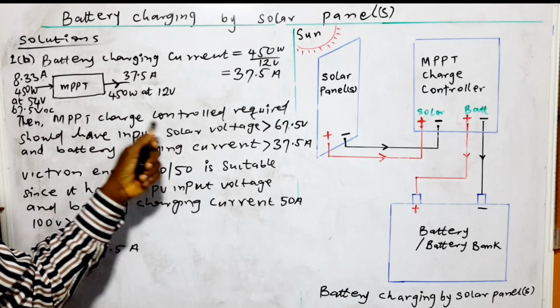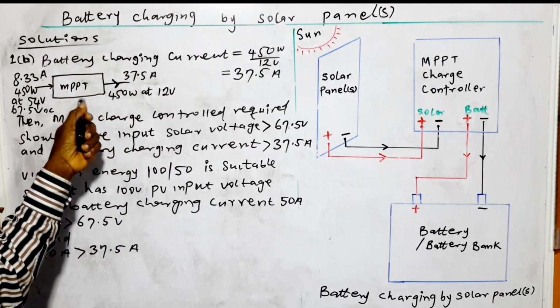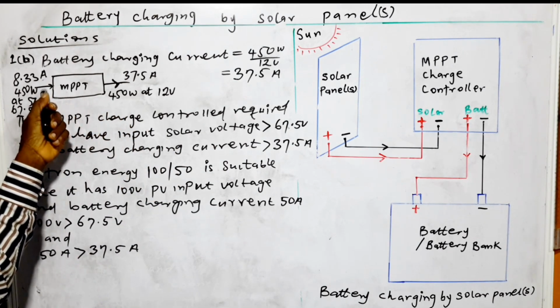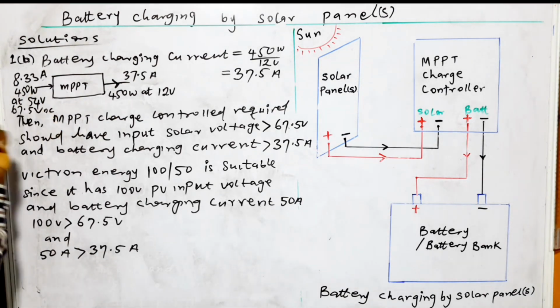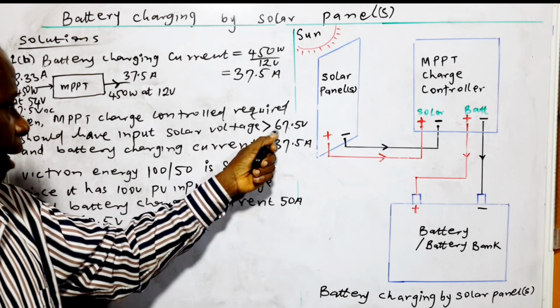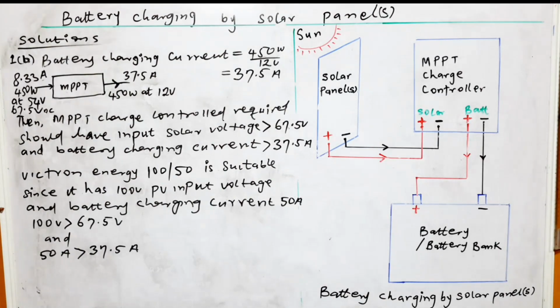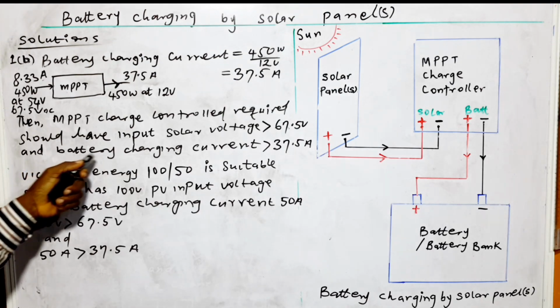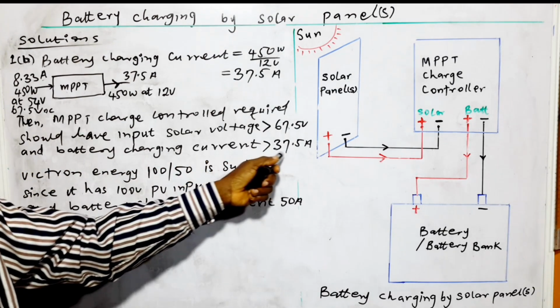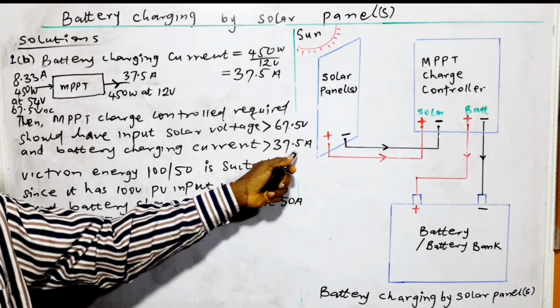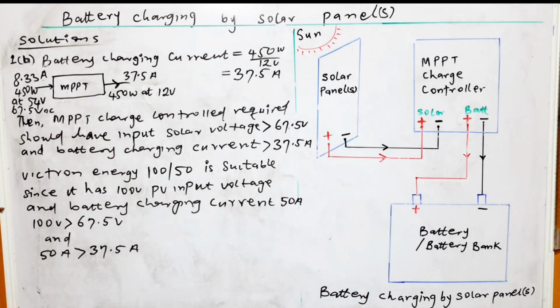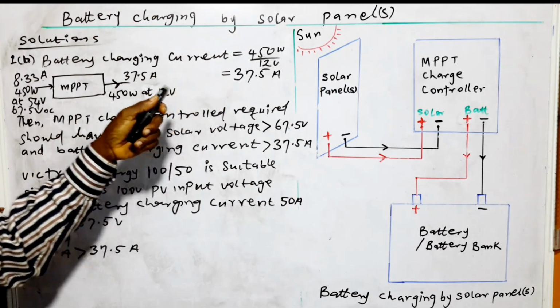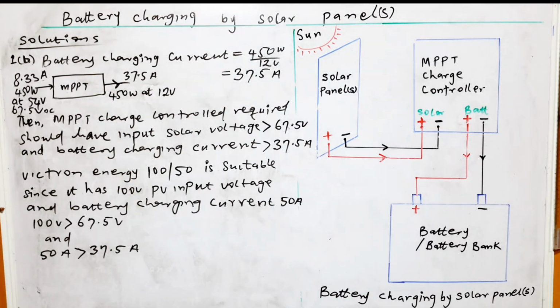So the input of the charge controller on the solar side should be greater than the open circuit voltage of the solar panel array, which is 67.5, and the battery charging current should also be greater than 37.5 ampere. So we cannot just choose the exact value.